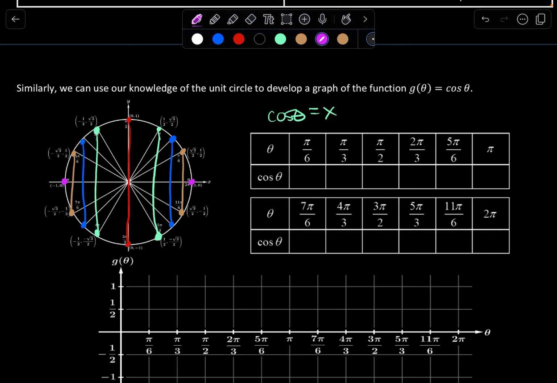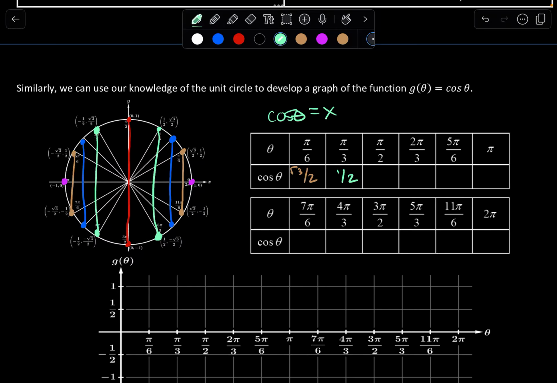All right, so cosine pi over 6 is going to be root 3 over 2. That's going to be the tan. And then pi over 3, we're going to start moving closer to the y-axis. So that's going to be the green, or teal, seafoam, I don't know what that is.